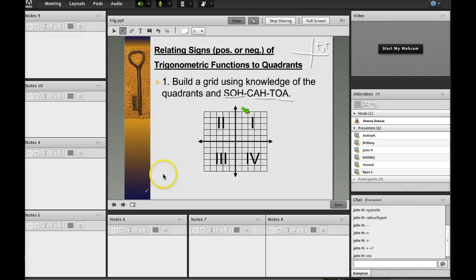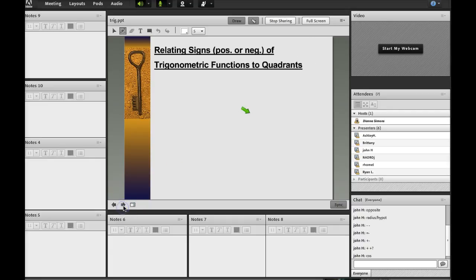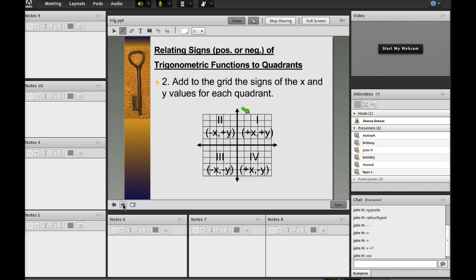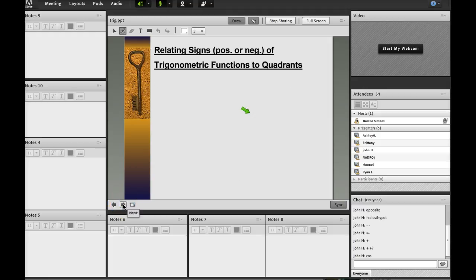Okay, so quadrant 1, 2, 3, and 4. We're going to add to the grid the signs of the x and y values.